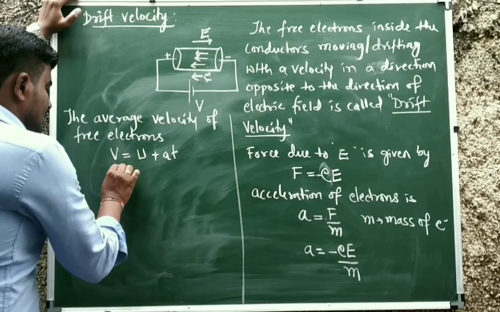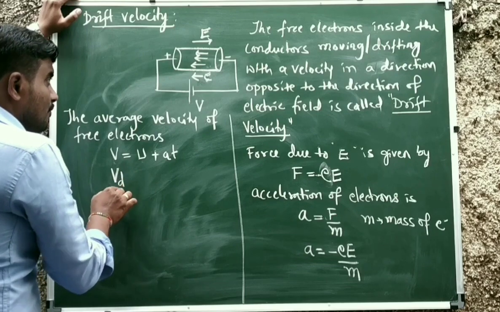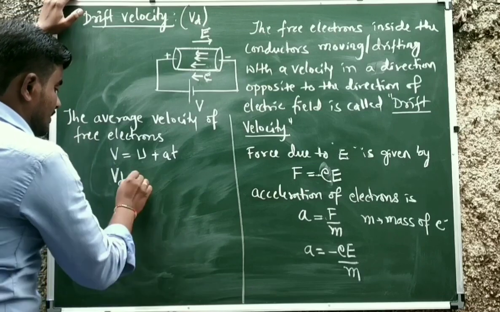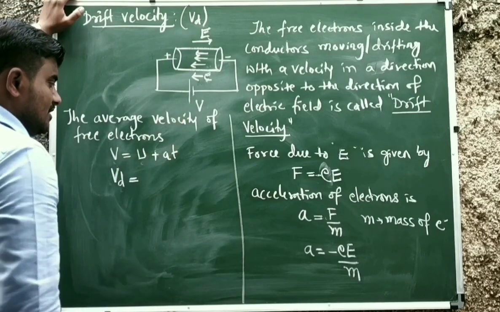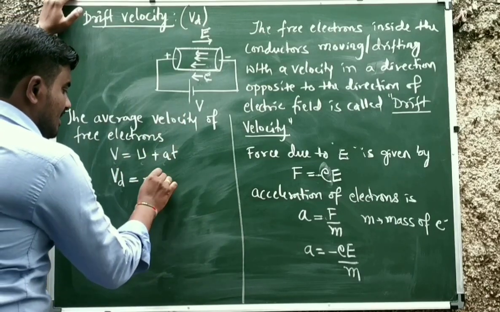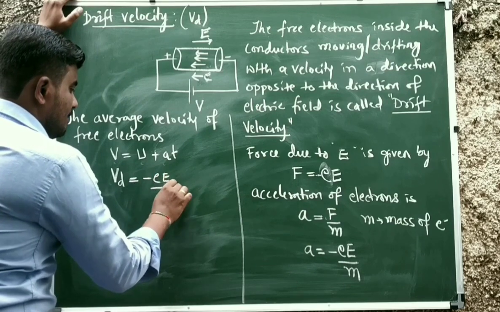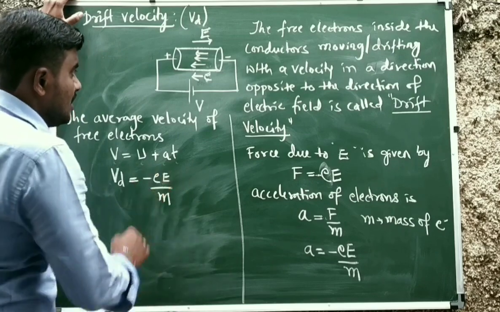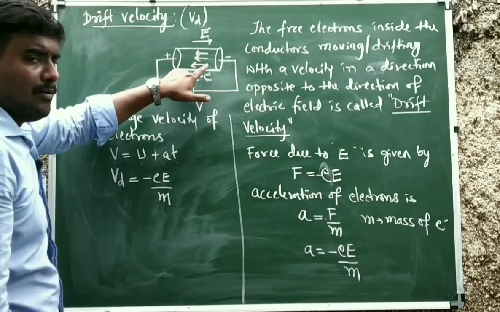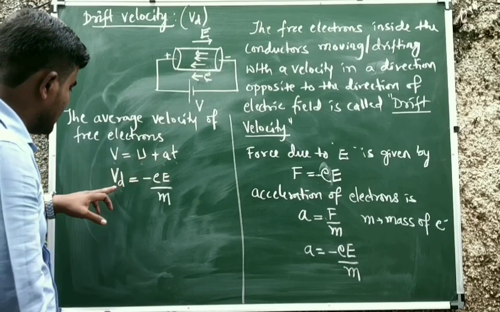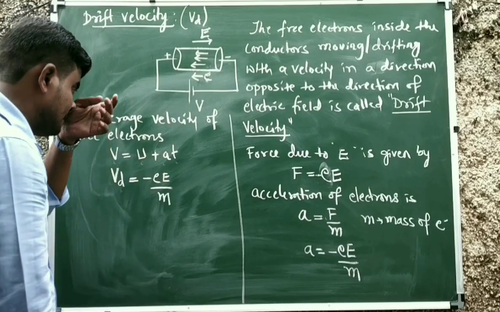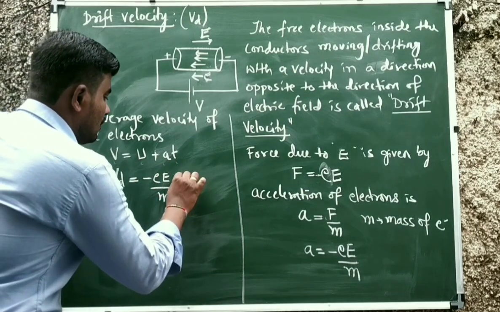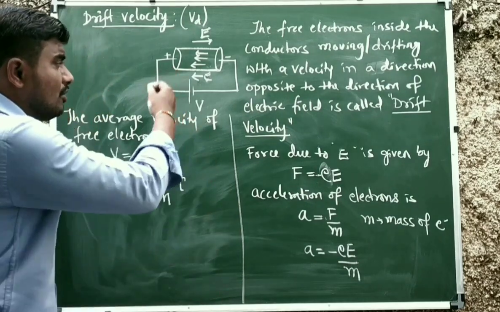This v I can consider as Vd, the drift velocity, and the initial velocity of electrons is 0, and acceleration is -eE/m, and t is time. All the electrons move with a certain velocity Vd, and time we consider as tau, the average time of all the free electrons.